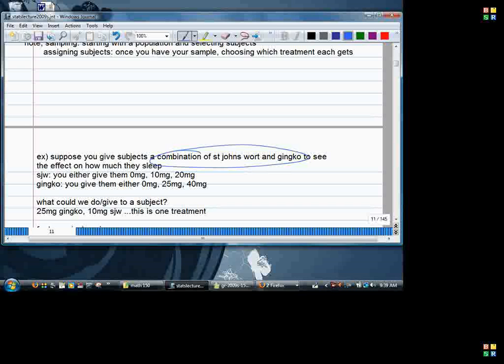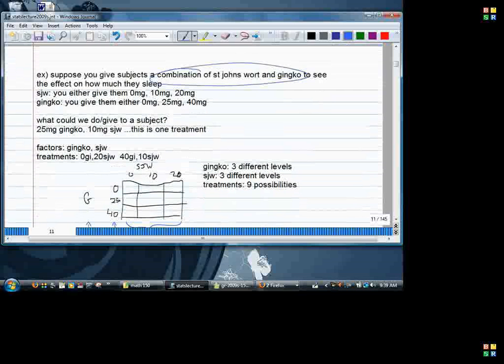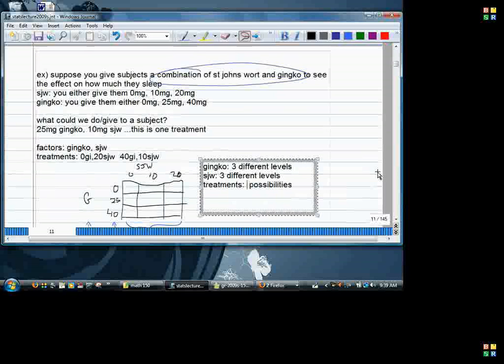And finally, the question we need to answer is, how many different treatments are there? We just listed off 1, 2, 3, 4 of them, and it turns out, well, I'll show you a pretty little picture and then maybe you can tell me how many different treatments there are. How many different treatments are there? Why?